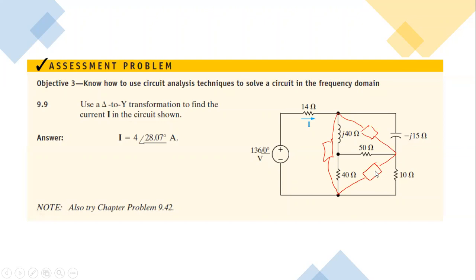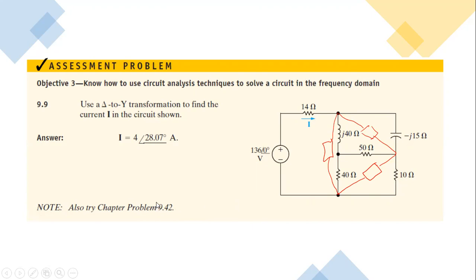This impedance will be in parallel with this impedance, and after you take these parallels, they will be in series, and then in parallel with this one. So this is how you can convert the delta to Y connection.